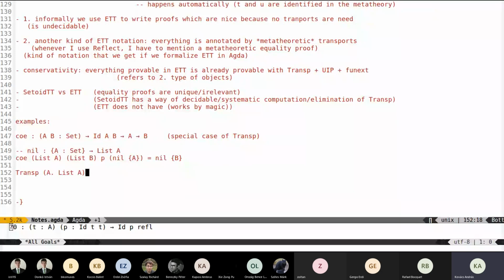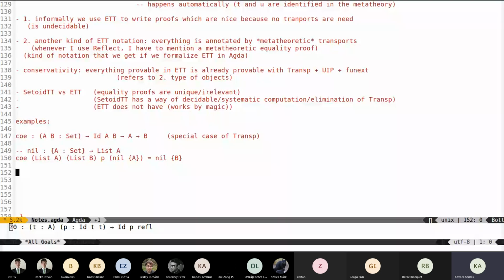Okay, with the list example, you always need an equality between types, but we don't necessarily need such a thing. For example, we can also transport a vector from one length to another.